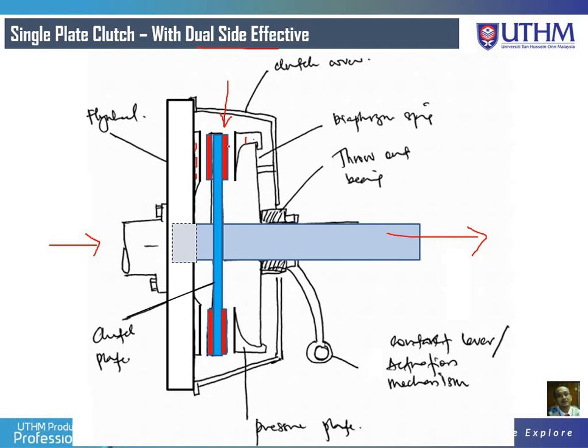The red color means that on the right hand side there is friction material, and on the left hand side also there is friction material. So there are two effective contact areas within a single plate clutch. This is the actuation lever, the contact lever to either engage or disengage the plate.